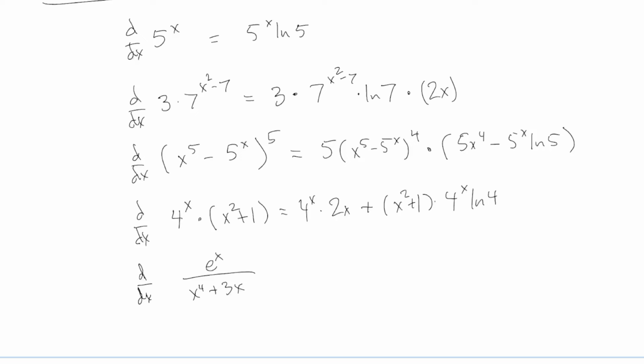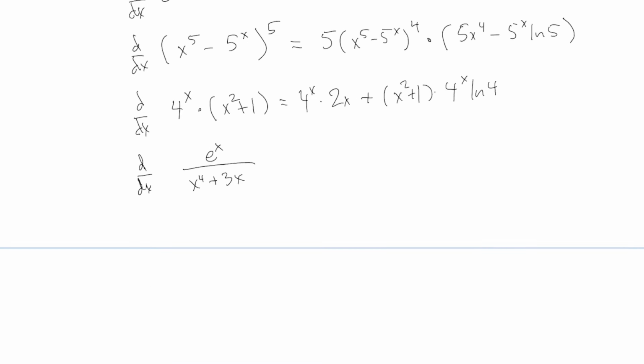And the last one is a quotient rule, because I can see the quotient there, and it has an e to the x. Remember, the derivative of e to the x is e to the x. So I'm going to do the quotient rule here. I hope you remember the quotient rule. It's the bottom times the derivative of the top minus the top times the derivative of the bottom divided by the bottom squared. So the bottom, x to the 4 plus 3x, times derivative of the top. The top is e to the x.